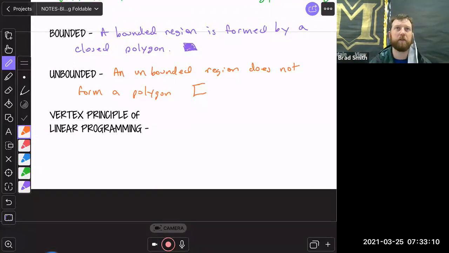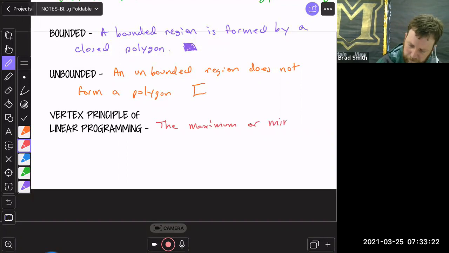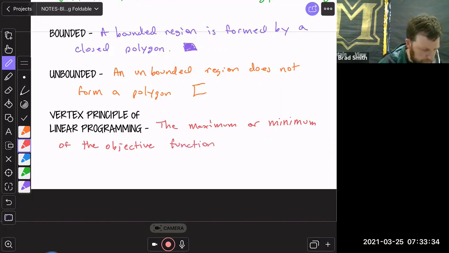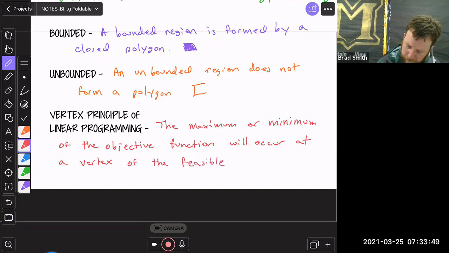And the last one, the vertex principle of linear programming. That sounds really cool, but not really. The maximum or minimum of the objective function will occur at a vertex of the feasible region.